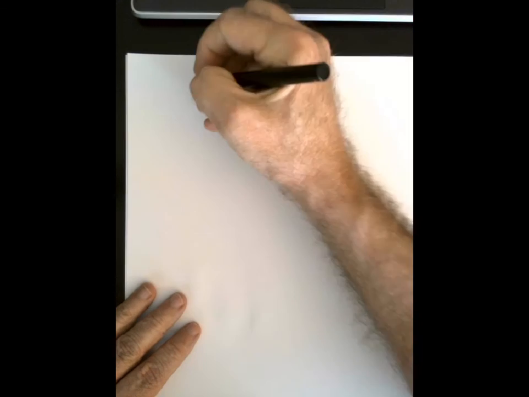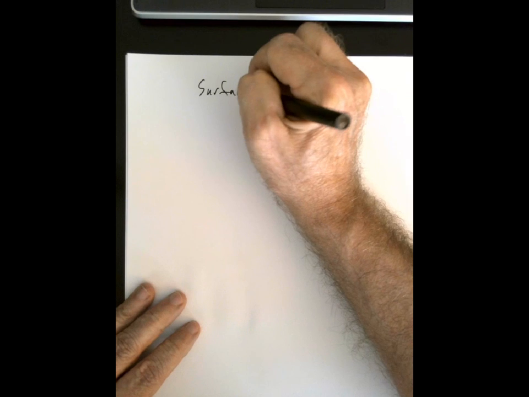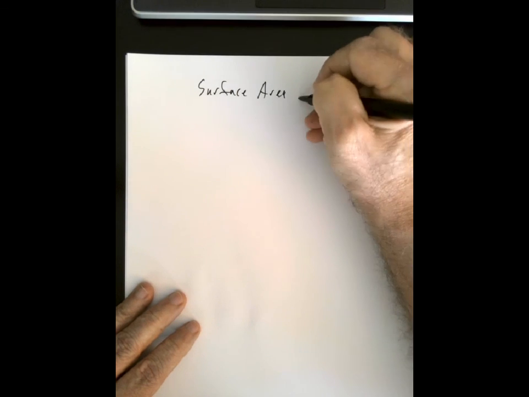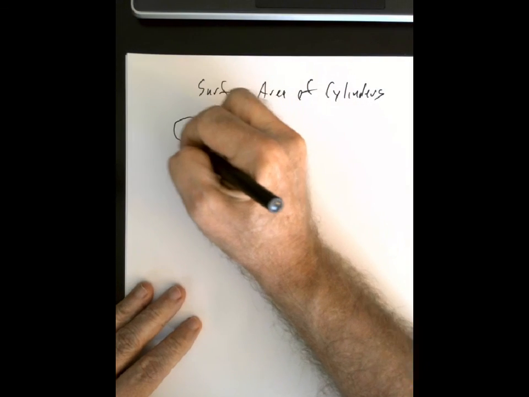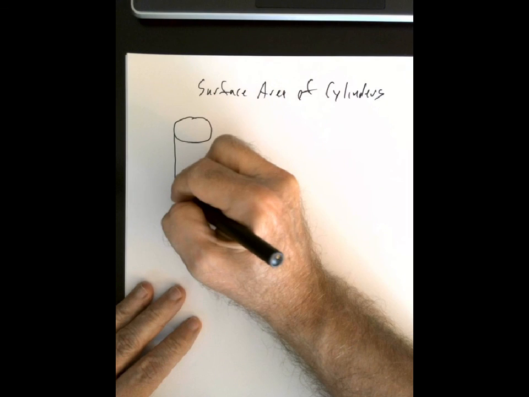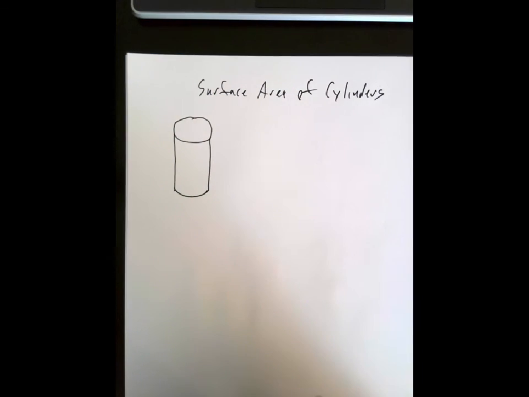Okay, so this is going to be surface area of cylinders, right? Here's the cylinder, right?